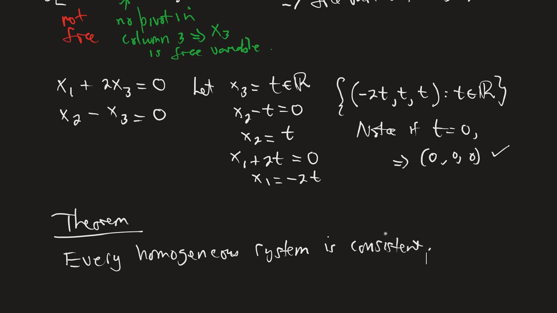And again, that's just by definition and by observing the fact that the trivial solution is always a solution. Now, if you have more variables than equations in a homogeneous system, then it has to have infinitely many solutions, right?